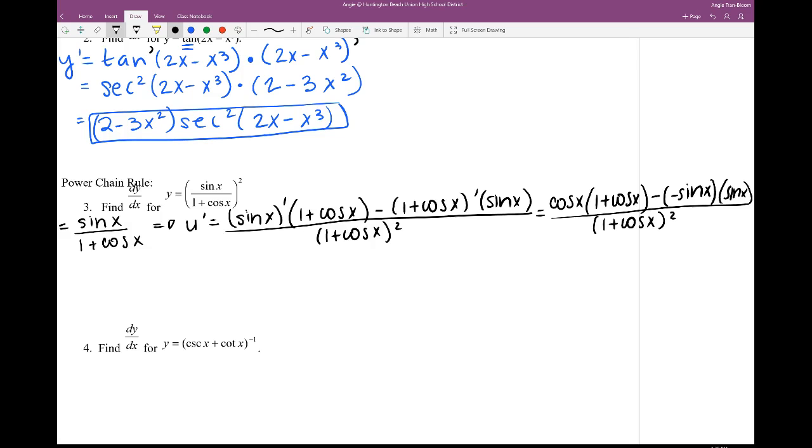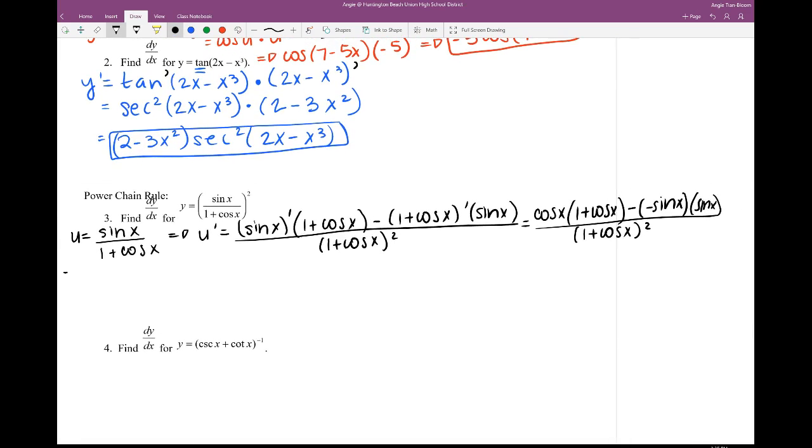And again, this is still just u, so keep that in mind. And if I'm going too fast, feel free to ask me to pause it. So from here, I will distribute. Cosine of x times 1 is cosine of x. Cosine of x times cosine of x is going to be cosine squared of x. A negative times a negative is a positive sine squared of x, all over 1 plus cosine quantity squared.